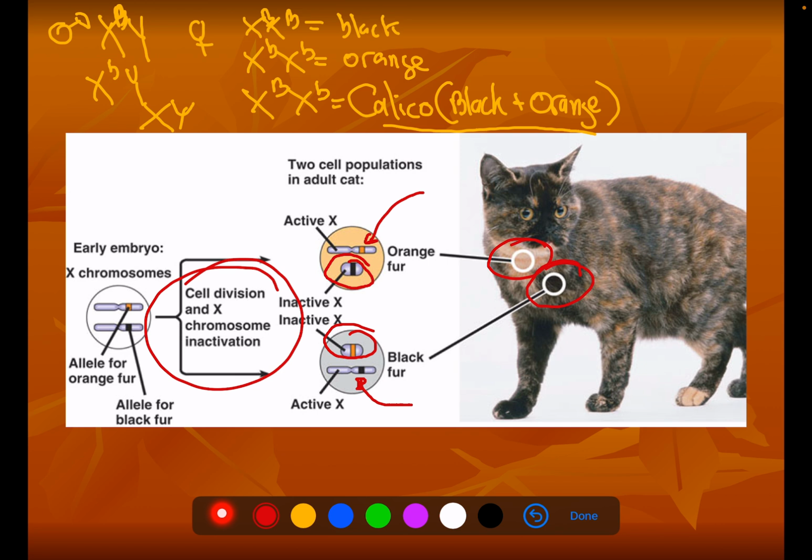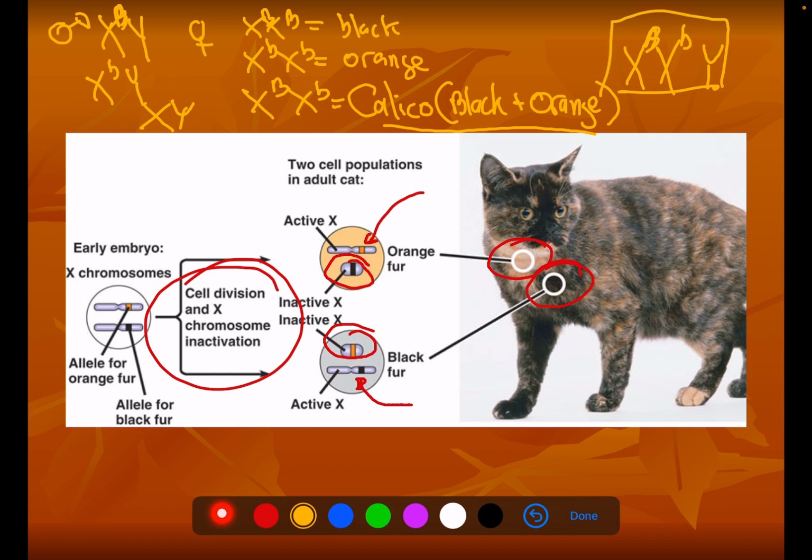And what's interesting is this. There are rare cases where there's a male that is calico. So can you figure out how that's possible? All right, we said it's male, so it has to carry what chromosome? Y. And we said it's calico, so it can only be what? There. It's a Klinefelter cat.